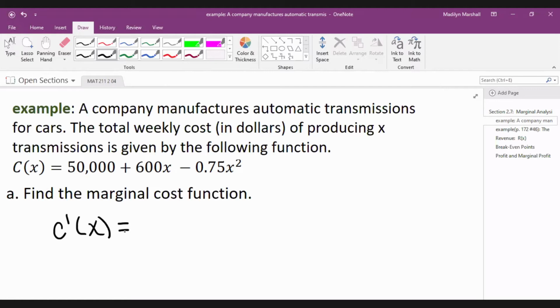So take a minute to work out what this is going to be. All right, so what is our marginal cost function here?